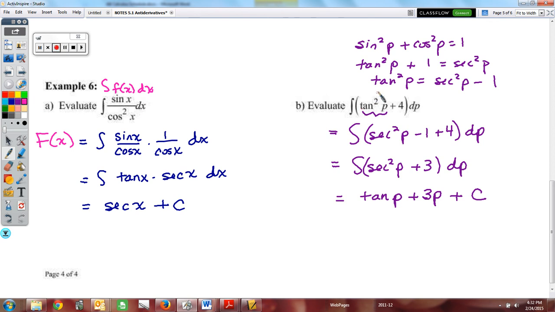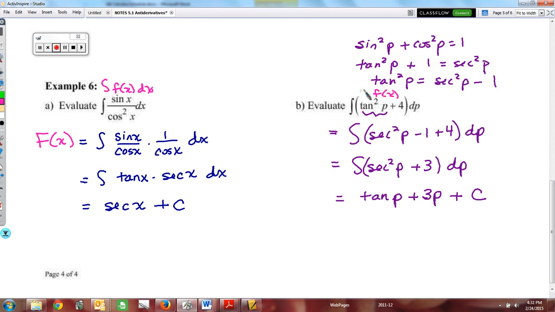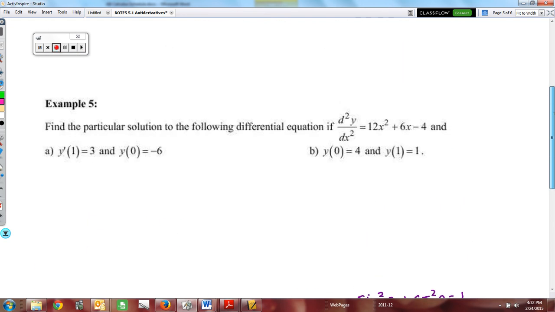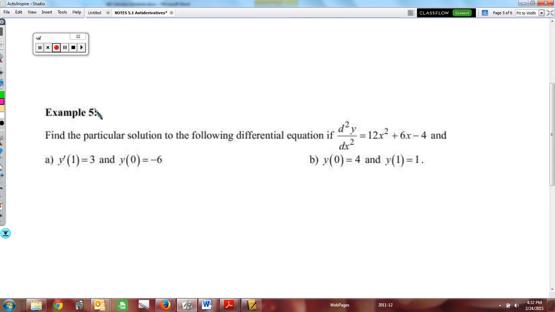And so again, we're considering this to be the antiderivative or indefinite integral of f of p dp. So I'm going to call this capital F of p. Right? And so that's your introduction to antiderivatives, your indefinite integrals and your notation for that, and a little bit of introduction into what we call differential equations and how we solve them.